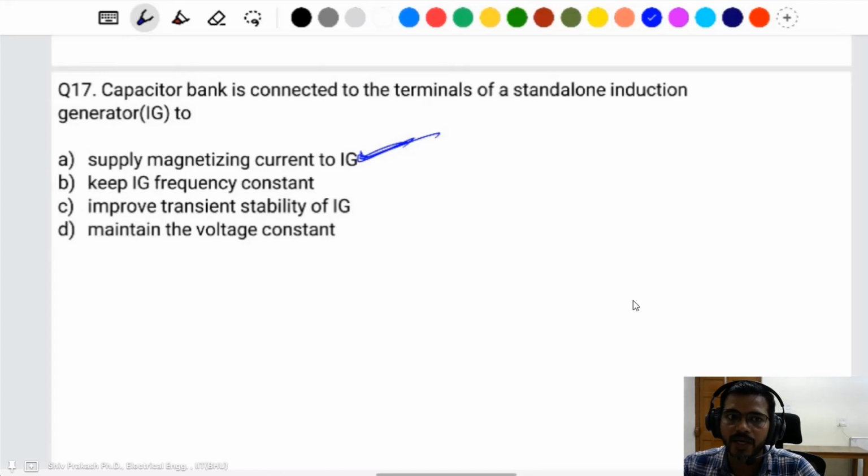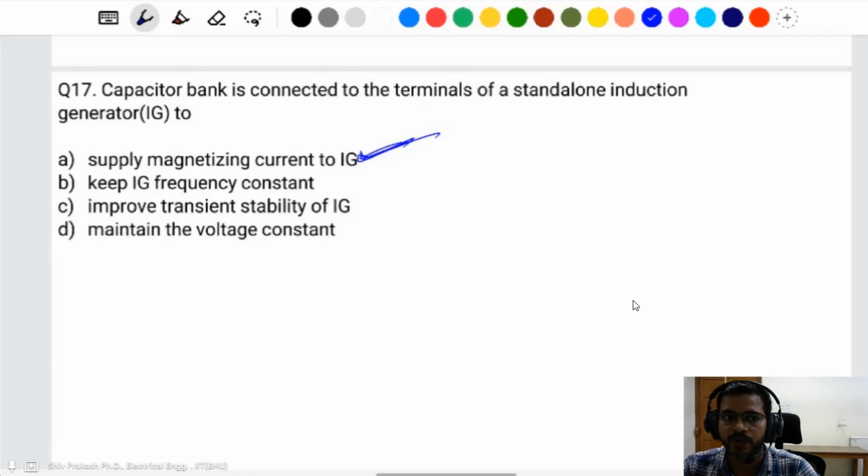It will be taken from the capacitor bank. A capacitor bank is connected to the output terminal of the induction generator. When you want to start the induction generator and build up voltage, it takes the magnetizing current, the reactive power, from the capacitor bank.